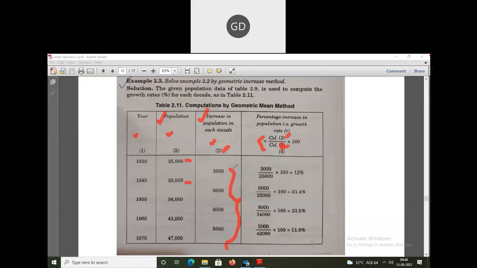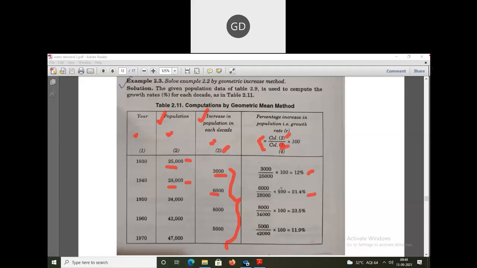Similarly for this one, the increase in population is 3,000, so it is 3,000 divided by 25,000. Multiplied by 100, you are getting 12%. Similarly for 6,000, you divide it by 28,000, multiply by 100, it is 21.4. Similarly you do the next two: 8,000 divided by 34,000, 5,000 divided by 42,000.